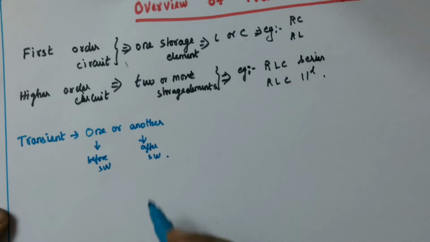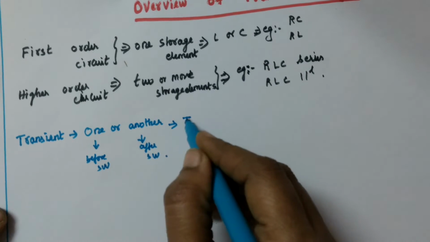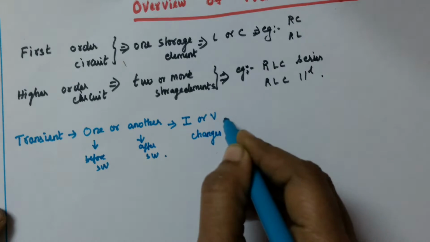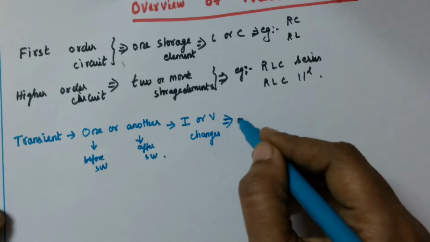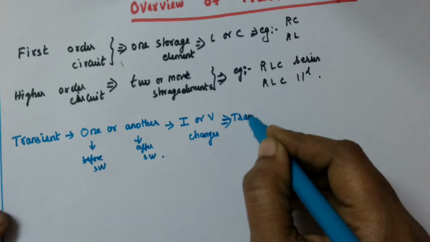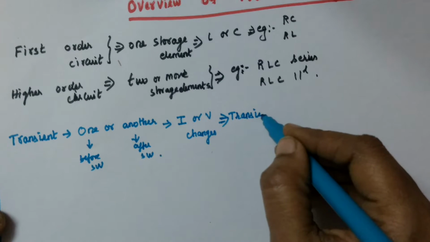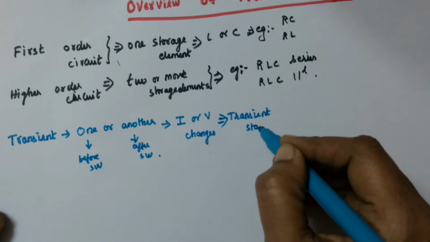After switching, there may be current or voltage changes in that period. That period of time is known as the transitional period, or transient state.